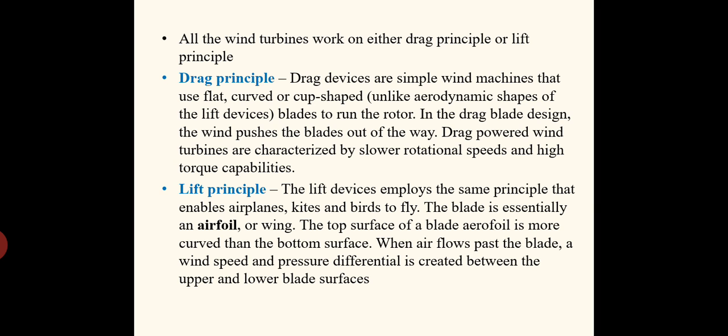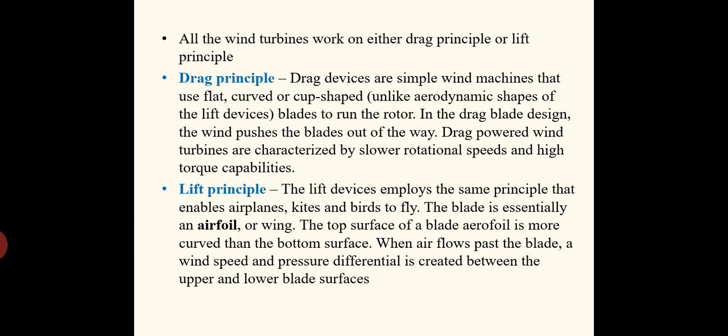In the drag blade design, the wind pushes the blade out of the way. See, if the wind is blowing and an object is placed as an obstruction to the wind flow, then the wind will be exerting force on that obstruction. Here the obstruction is the blades of the wind turbine. The wind will always try to push that blade out of the way.